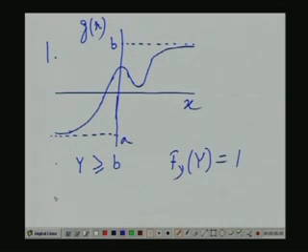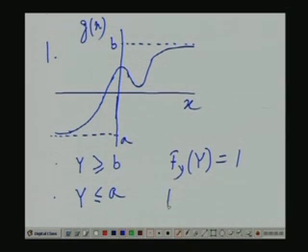On the other hand, you consider this, suppose y is less than or equal to a. Now, here this function is asymptotically touching a as x goes to minus infinity, but is never really touching a or never really going below a. So, if you take y below a, then this function remains above this for the entire range of x from minus infinity to infinity, it never goes below.